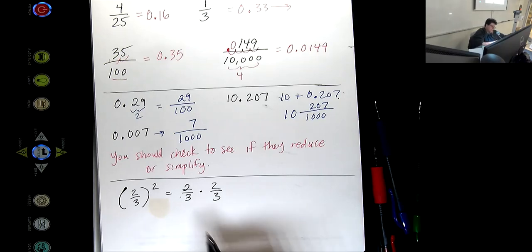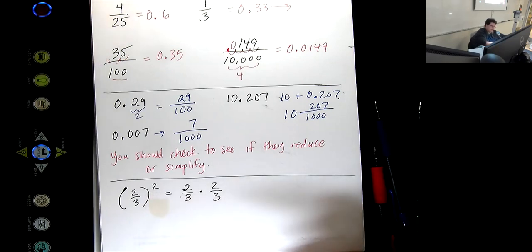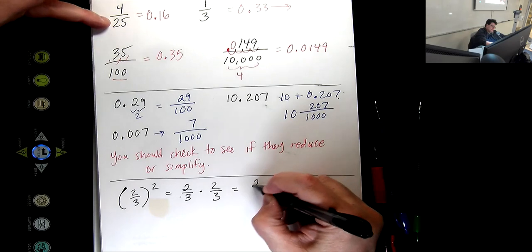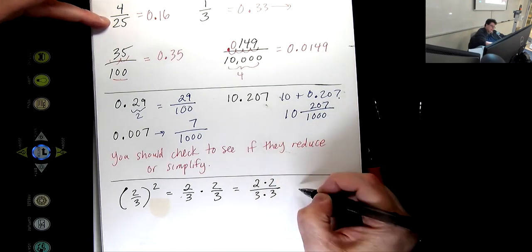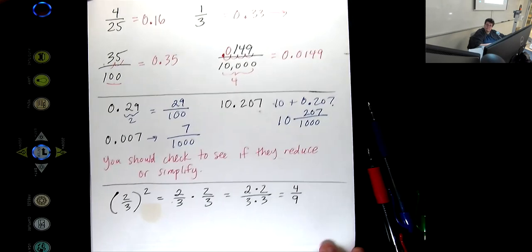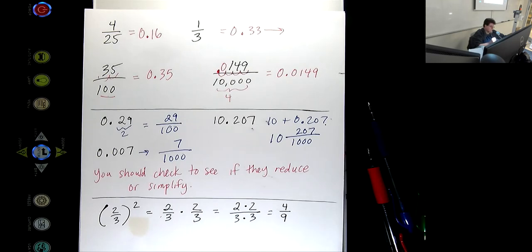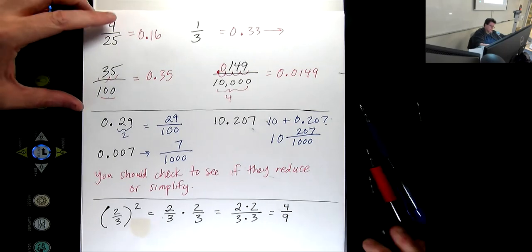Once you remember that exponents turn into multiplication, we're back to just multiplying fractions. This turns into 2 times 2 over 3 times 3, and I get 4/9. So fractions don't do anything magical with exponents, it just means more multiplication.